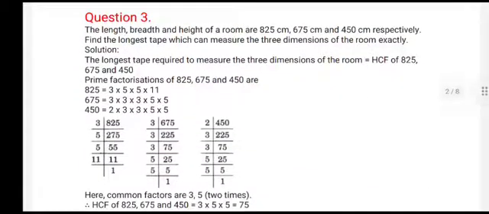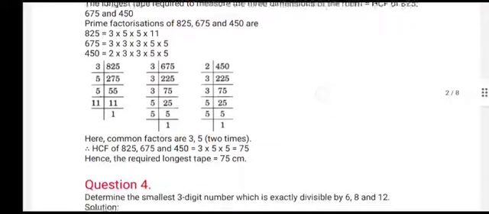The third question: the length, breadth and height of a room are 825 centimeters, 675 centimeters and 450 centimeters respectively. Find the longest tape. This word suggests that you are going to find the HCF. For HCF, we are not taking the common factorization table, but the factorization of each different number: 825, 675 and 450, separately.